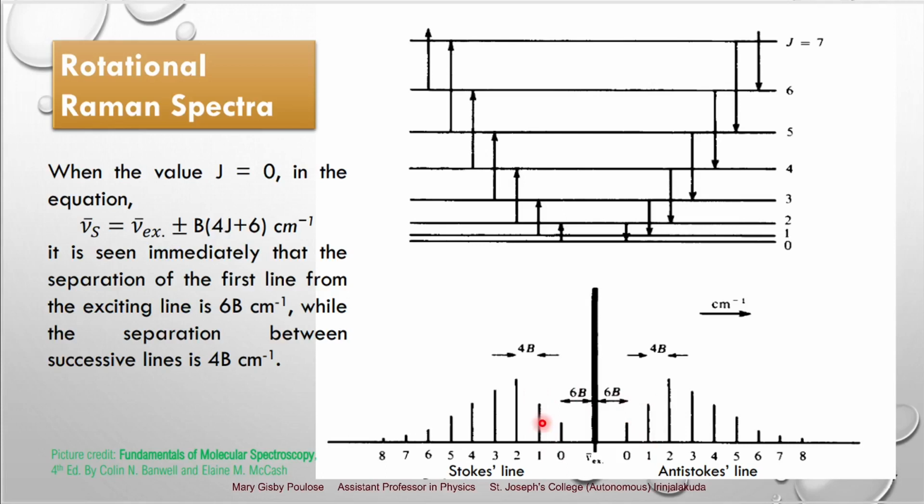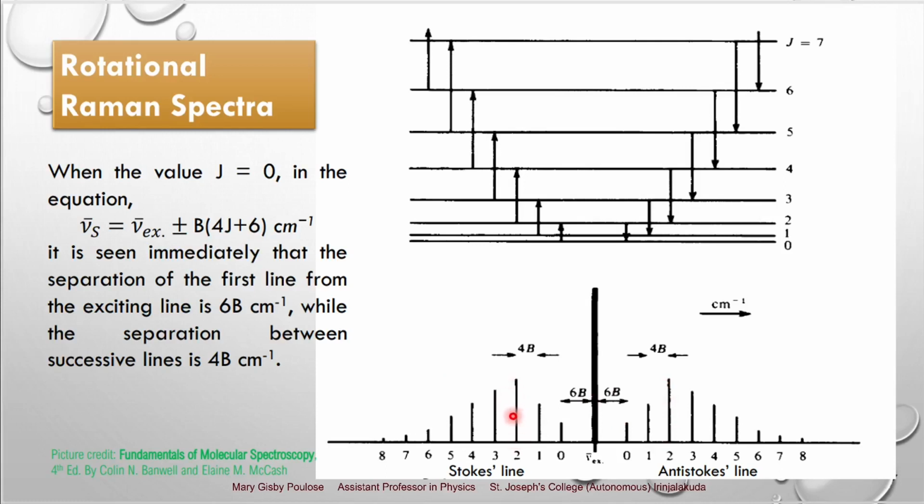For j equals 2, we get nu bar of S equal to nu bar of the exciting radiation plus or minus B into 4 into 2, 8 plus 6, that is 14B. So the third line is placed at 14B on the right side and the Stokes line is placed at 14B on the left side.